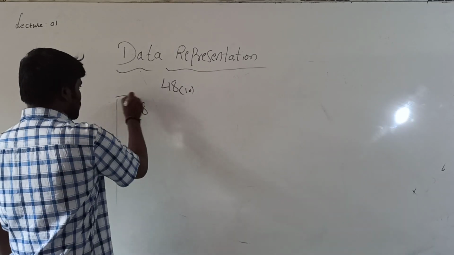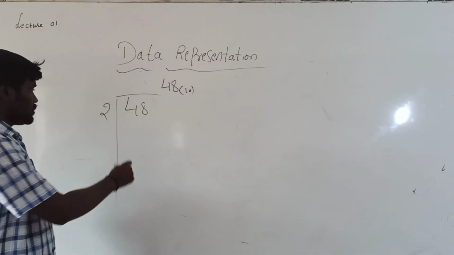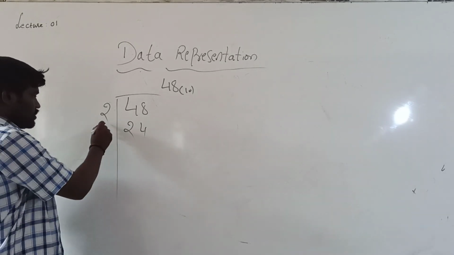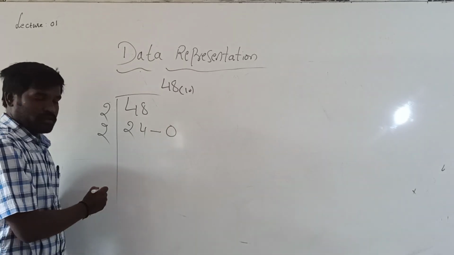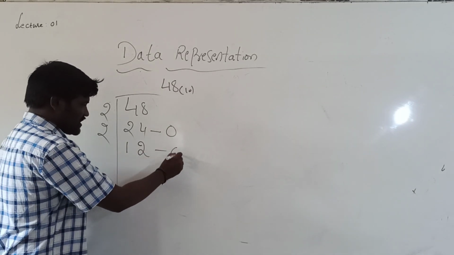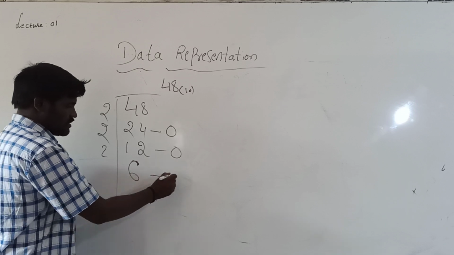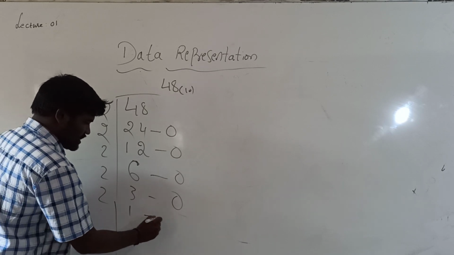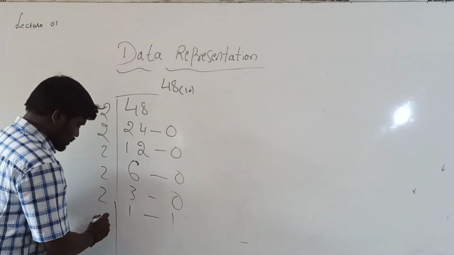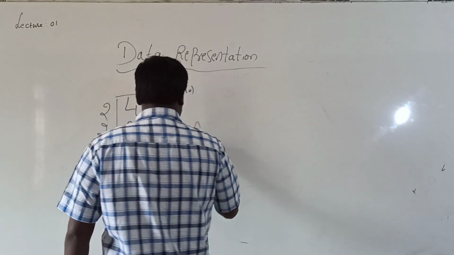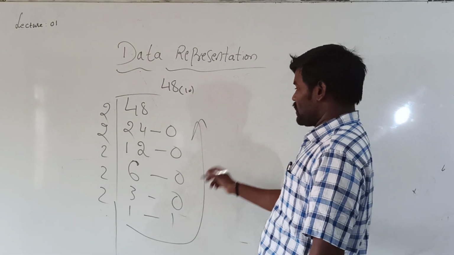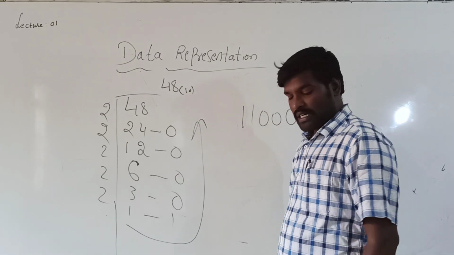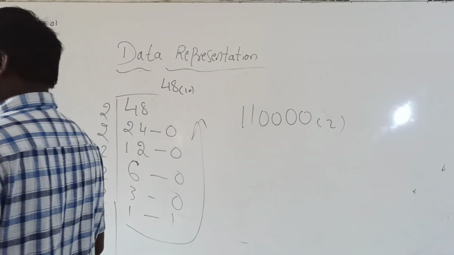Just divide by 2. 2 2s are 4, 2 4s are 8, remainder is 0. 2 1s are, 2 2s are, remainder is 0. 2 6s are, remainder is 0. 2 3s are, remainder is 0. 2 1s are, remainder is 1. In the reverse order you have to write. That is double 1 and 4 zeros.